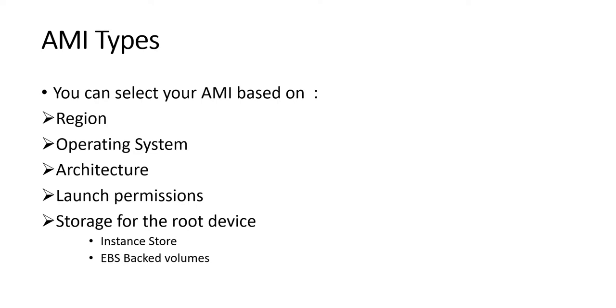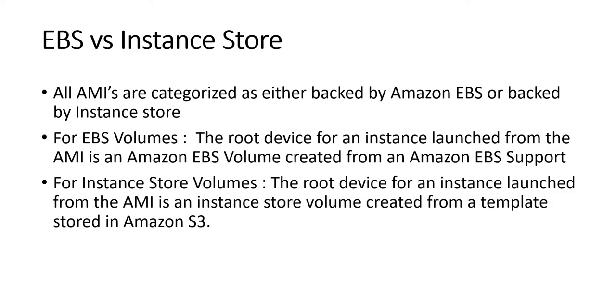So we can go to the lab, but before going to the lab, let's go ahead with the basic difference between EBS and instance store. All AMIs are categorized as either backed by Amazon EBS or backed by instance store. For the EBS volumes, the root device for an instance launched from the AMI is an Amazon EBS volume created from an Amazon EBS snapshot.